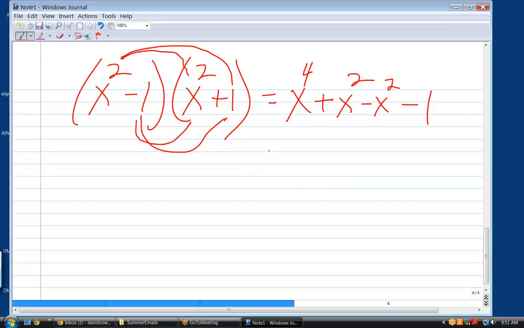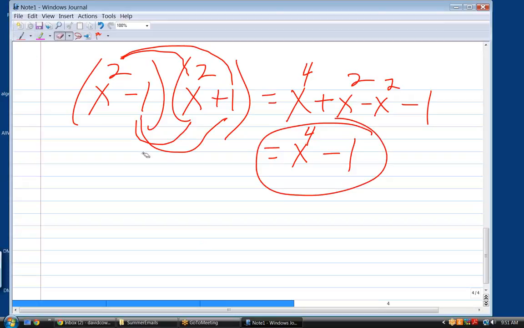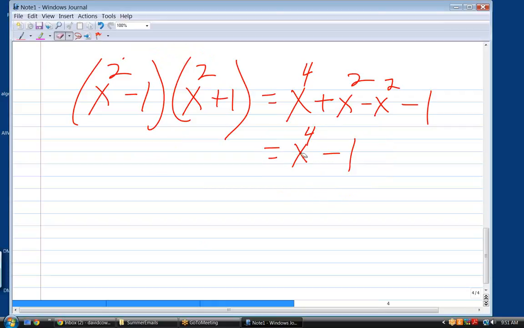And simplify. x to the fourth minus 1. And notice that that's also the difference of perfect squares. In other words, if they asked us to factor this, we would know how to factor it pretty easily. It's got to be x squared minus 1 times x squared plus 1, which is what they started with.